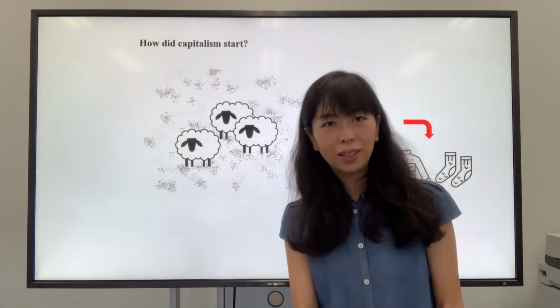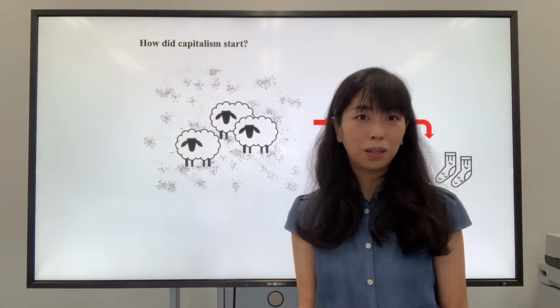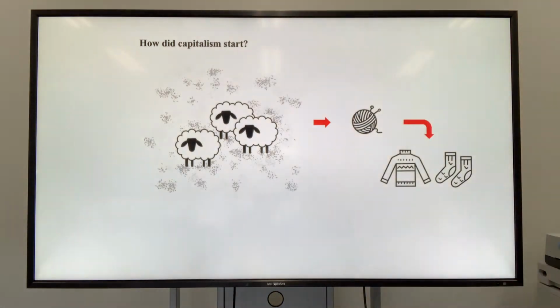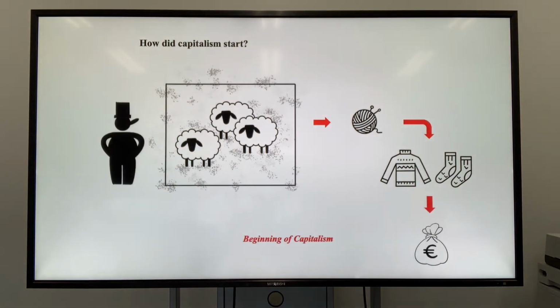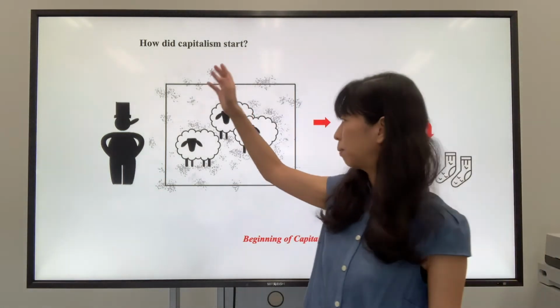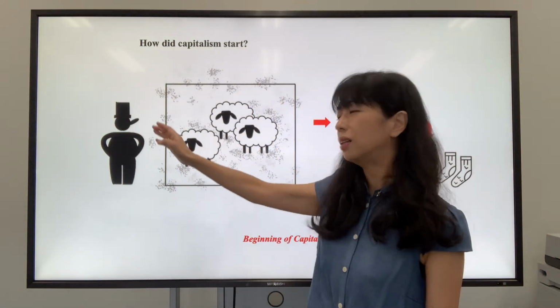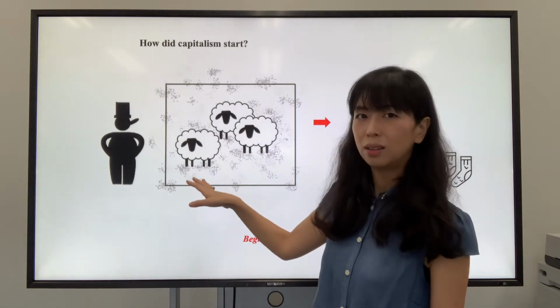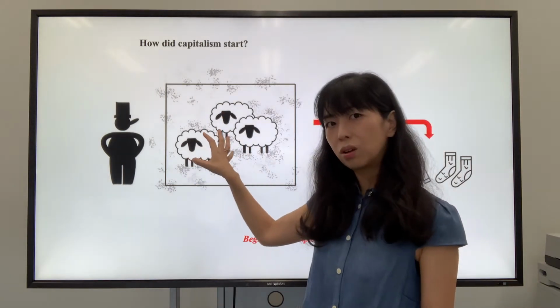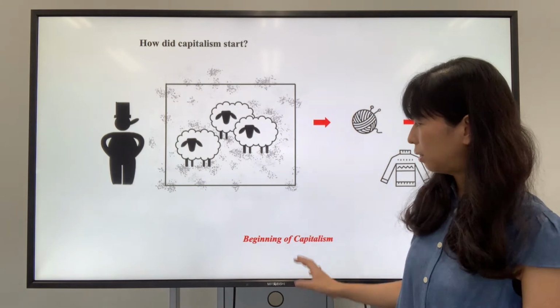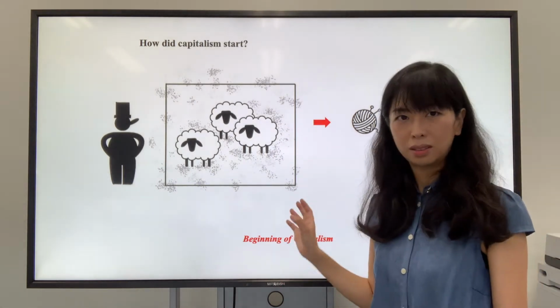And if you sell it, it becomes money. And therefore what happened is that the capitalist comes, he tries to fence up the land, and then he tries to own the land and also the sheep. This is actually the very beginning of how capitalism started.